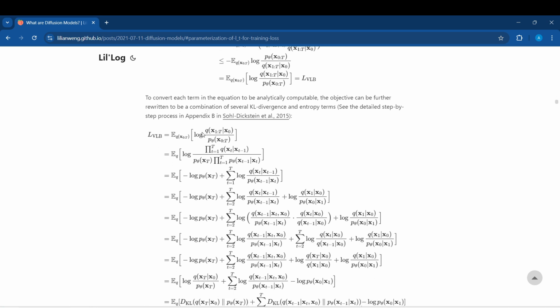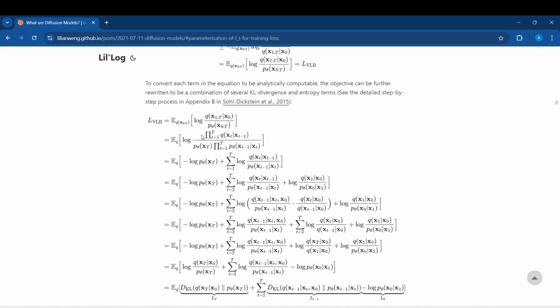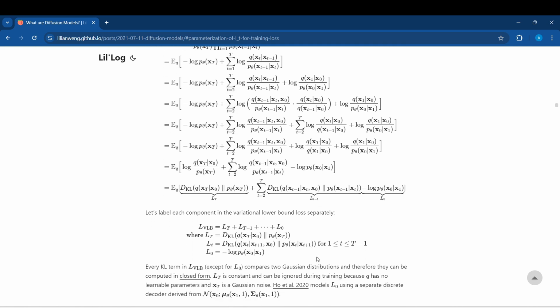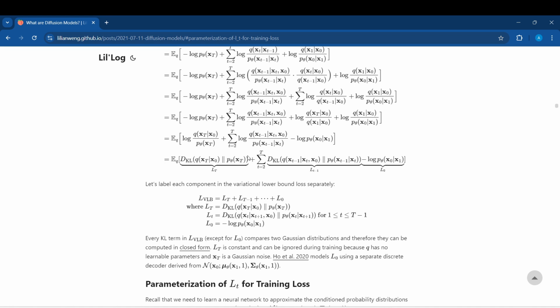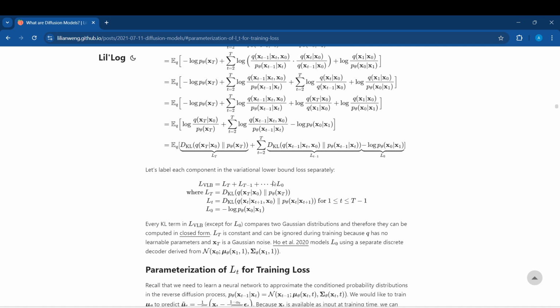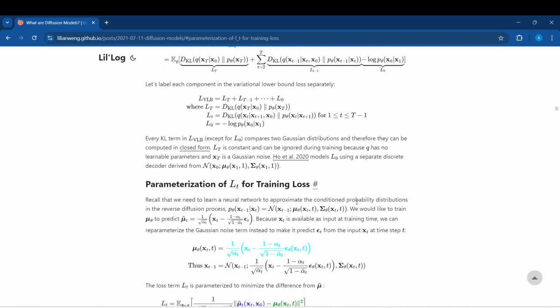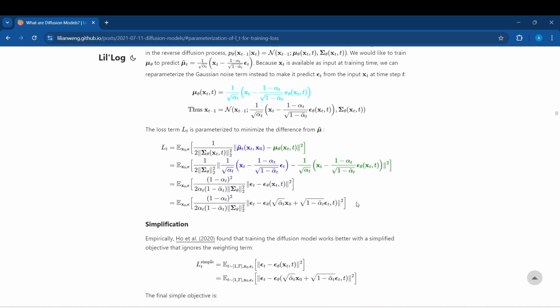If you open it up and apply some log properties, we get this variance-reduced form, which has less variance. This term is good for training, and we can ignore this term; we are focusing on this term for our simple training objective, which is a parameterization of our training loss. We are going to use this term only.